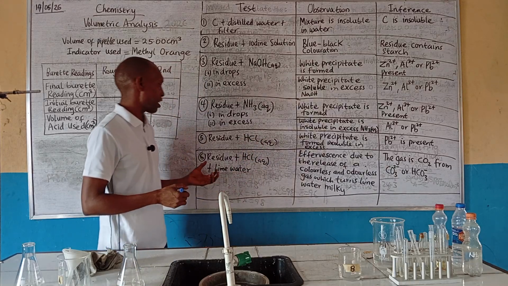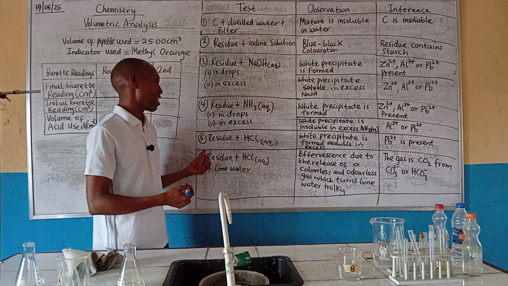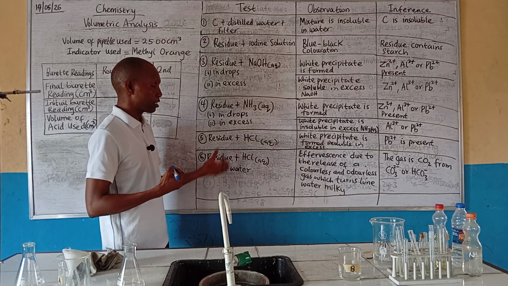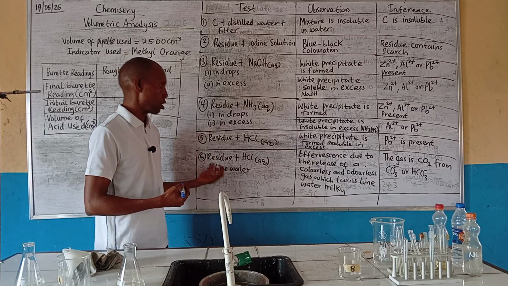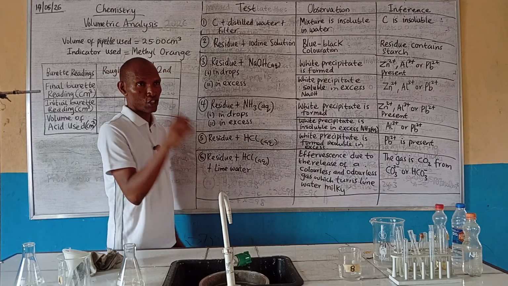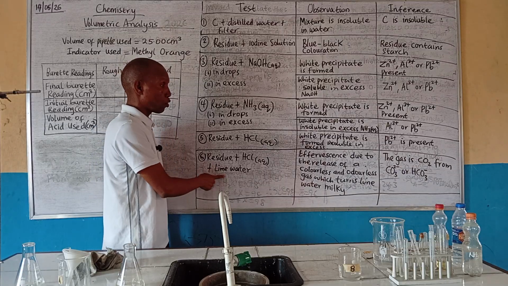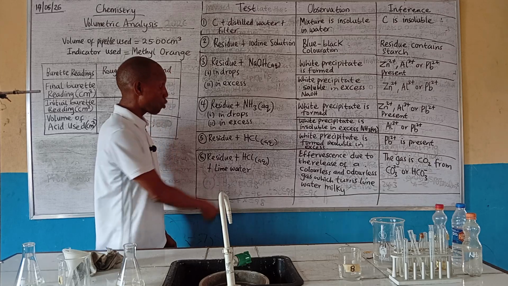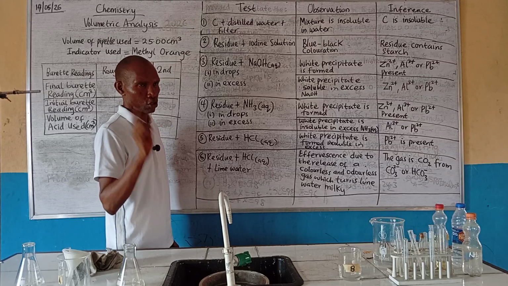Then, if you are asked to add HCl or H2SO4 to the residue and pass the gas that is produced through lime water, that means you have residue plus HCl plus lime water. Whenever lime water is used in chemistry or even biology, the lime water is meant to test for just one gas, carbon dioxide. So once they are asked to use lime water, then they are trying to confirm if the gas is carbon dioxide.